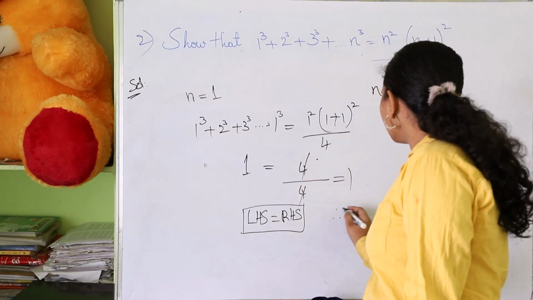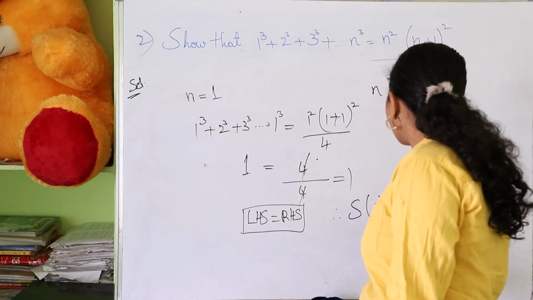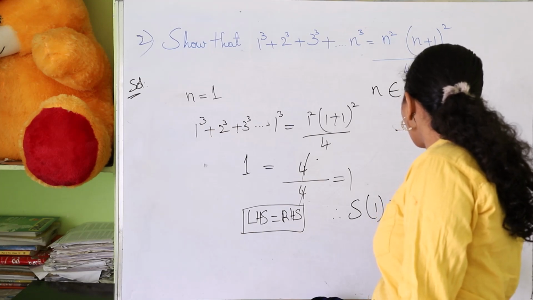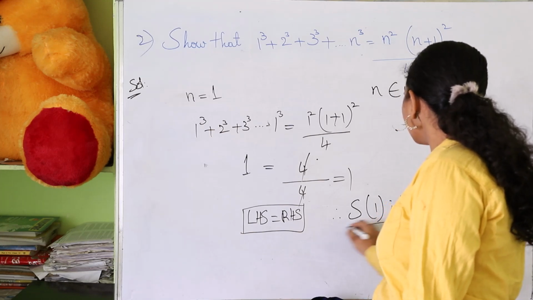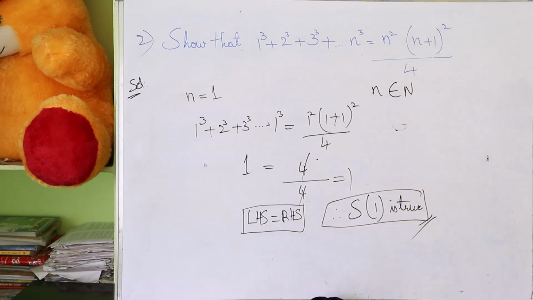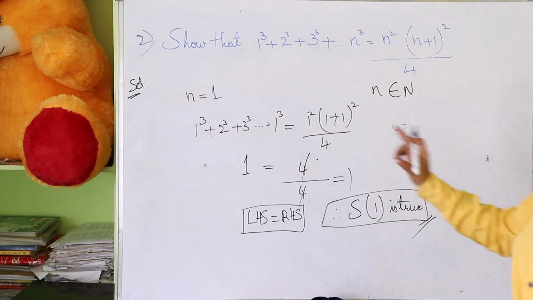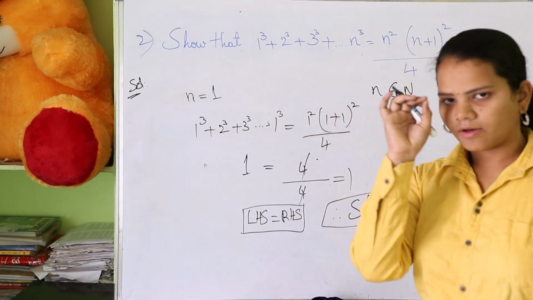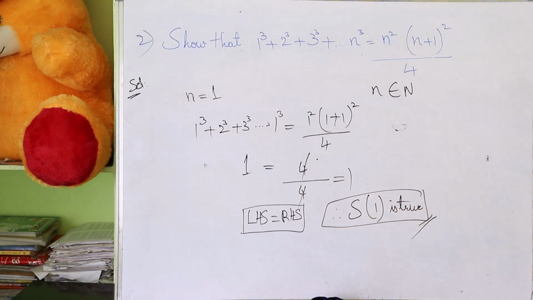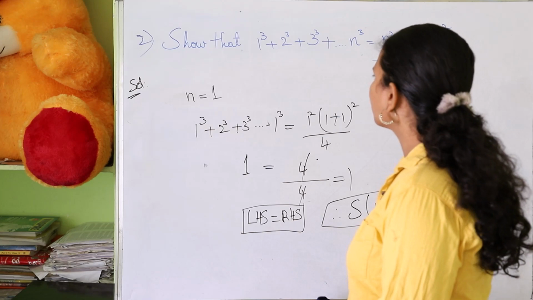Therefore I can say that S of 1 is true. Here we have substituted 1 in the place of n, so S of 1 is absolutely true. Clear?